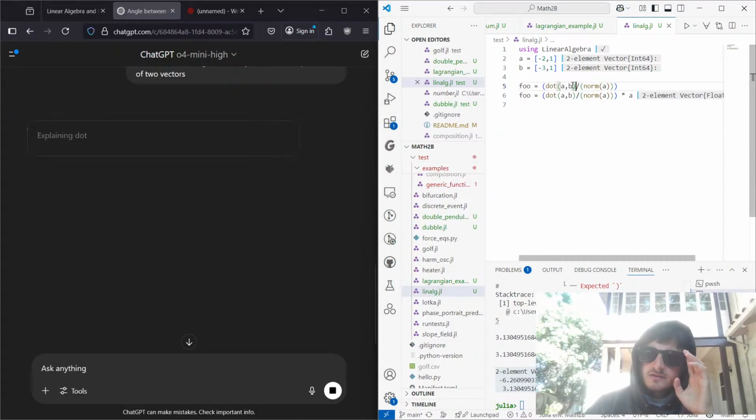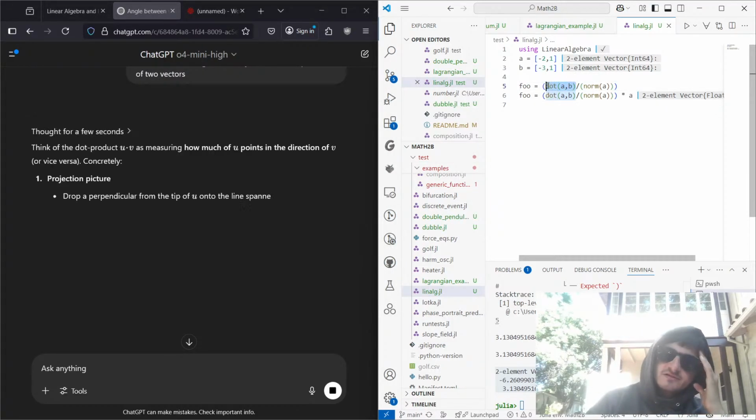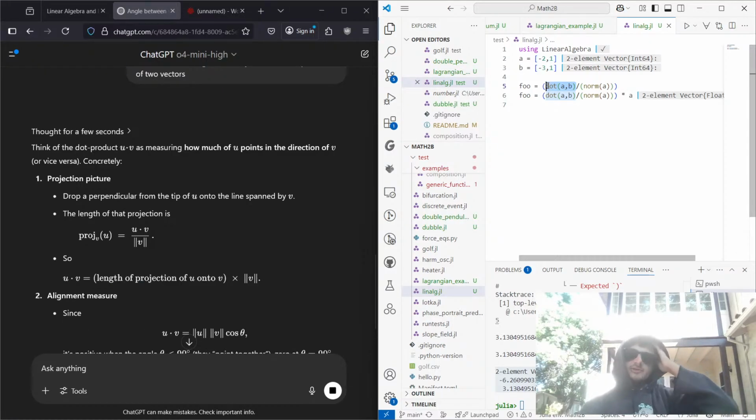I understand that A dot B is zero if they're orthogonal to each other.